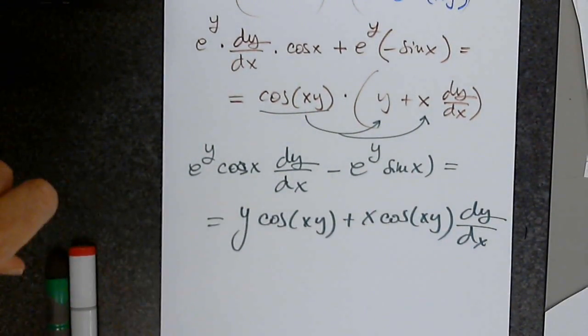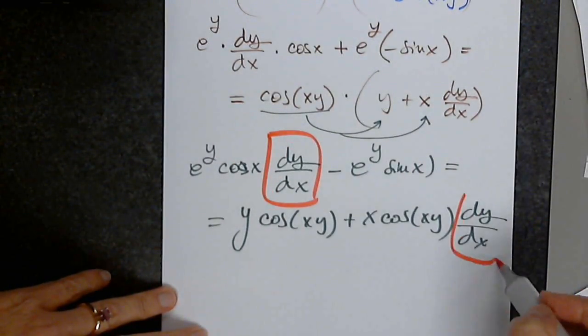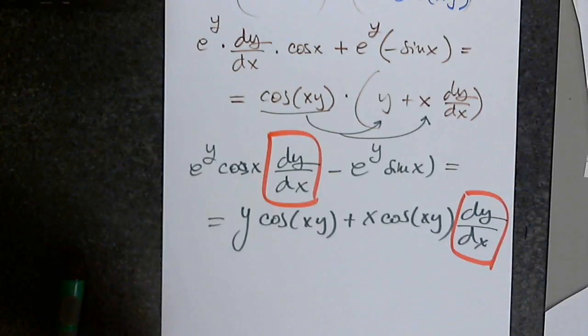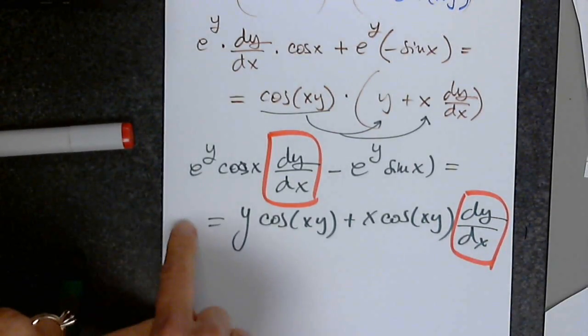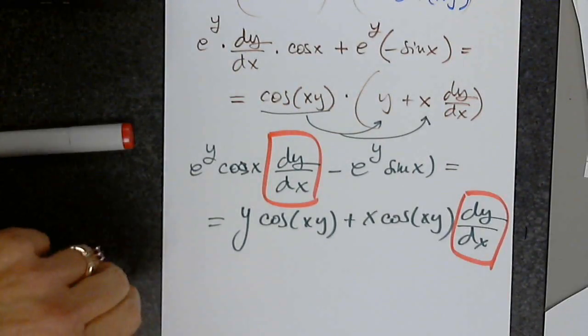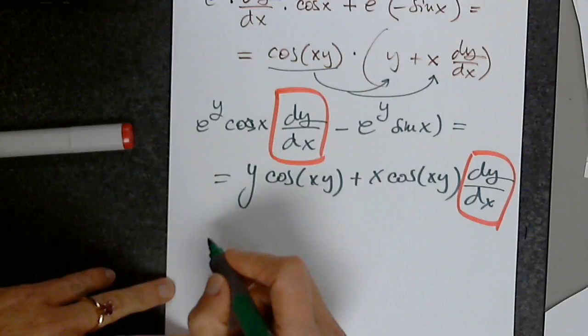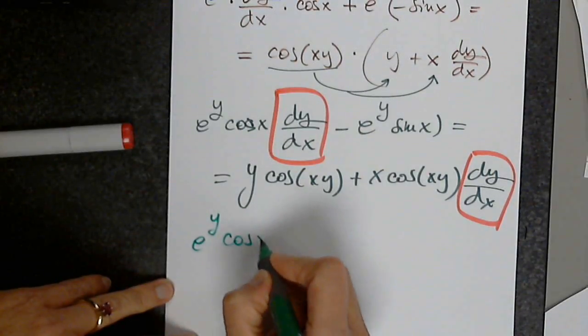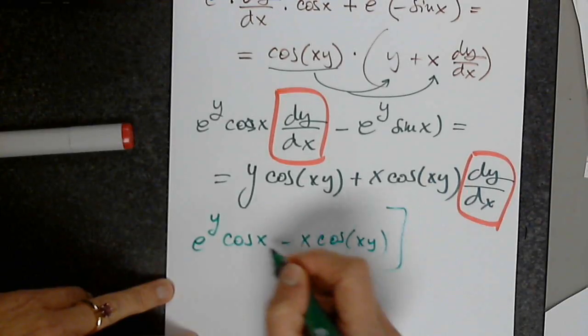So now I know I am after this. They must be on the same side. I'm going to take this term here, and I'm going to take this term to the other side. So I have, and I will factor out dy over dx. e to y cosine x minus x cosine xy.